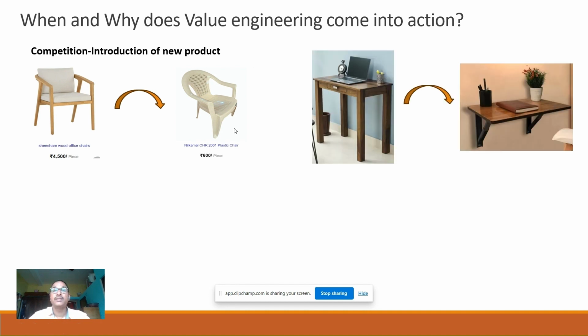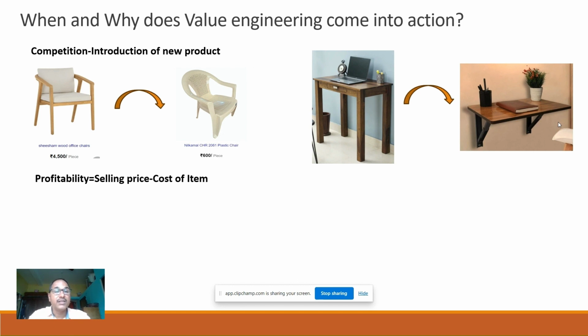Another example is the study table or the computer or the laptop table. Now this has been much simplified and made cheaper by just mounting it to the wall. The second main reason is the profitability. Profitability is the difference between the selling price of the item minus the cost of that particular item.